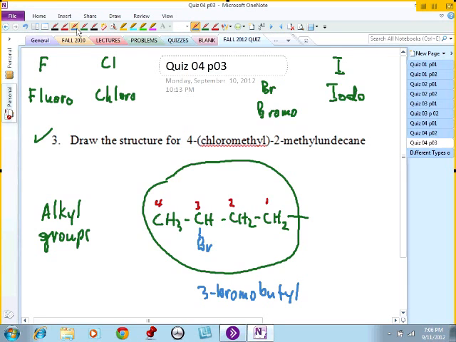Now, this is where I want to go with this. Because this is position number 1. The position where the fragment is attached to whatever group is always going to be position number 1. Okay?